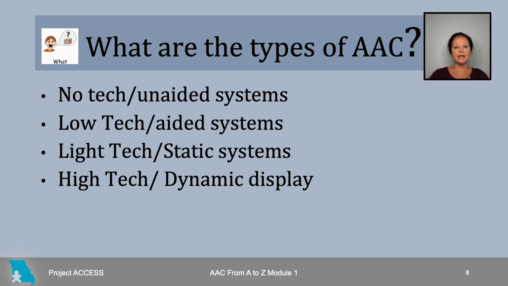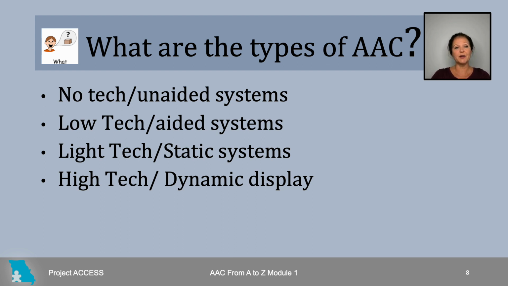There's low-tech aided systems, light-tech, static systems, and high-tech dynamic systems. So let's briefly define these, and then on the next slide I will show you some examples of what those things look like.